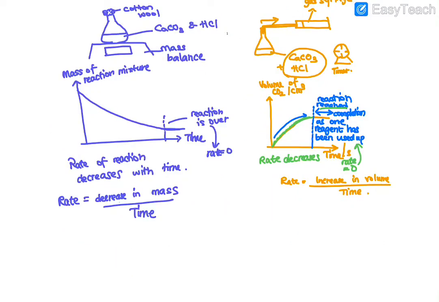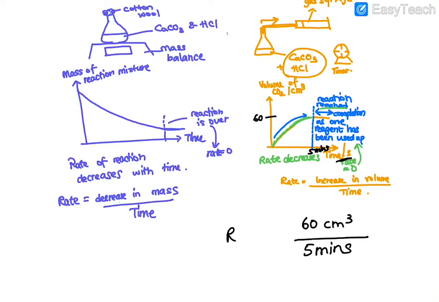So now let's see this reaction. You have 60 centimeter cube of gas that was produced. Let's say this is 60 and this is 5 minutes. But the time here is in seconds. So let's say you have 60 centimeter cube of gas that was produced in 5 minutes.